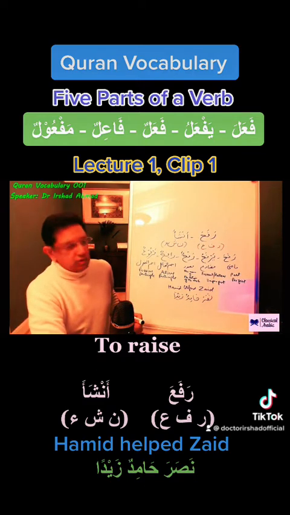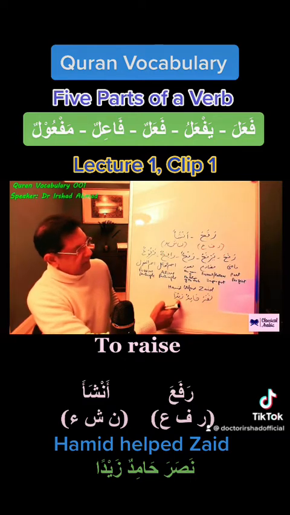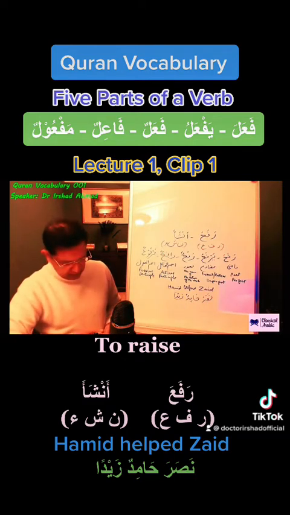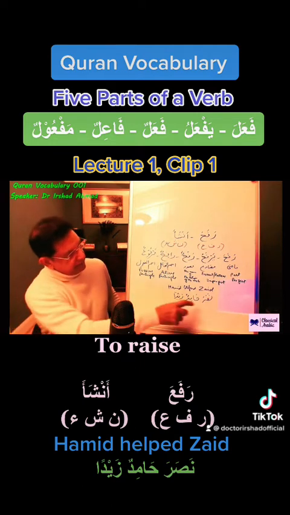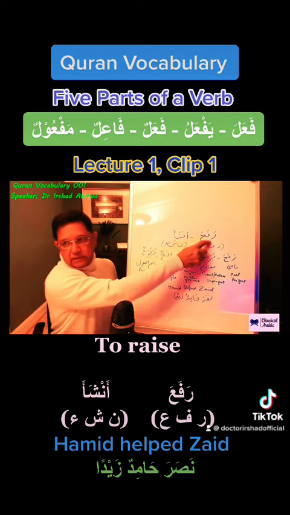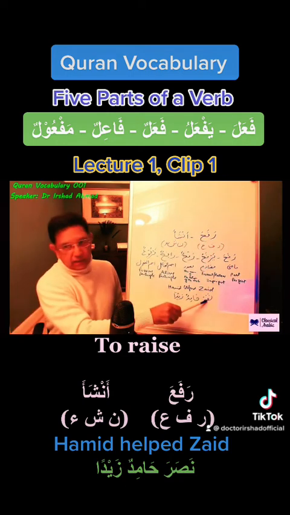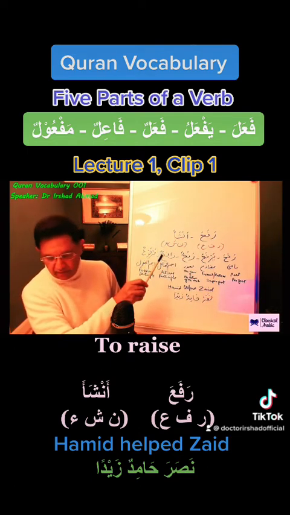We've got the fail there, and we've got noun and noun here, and if we look carefully we'll see that Nasara is exactly the same pattern as Rafa'a.